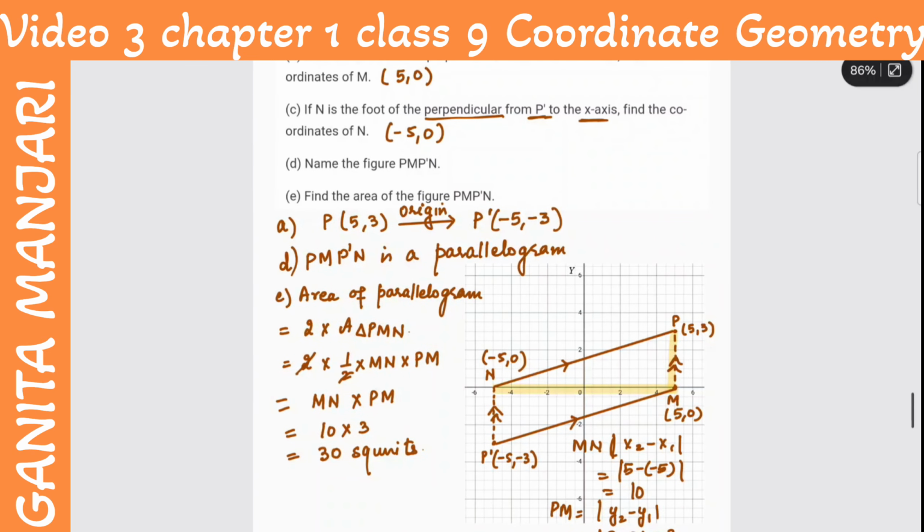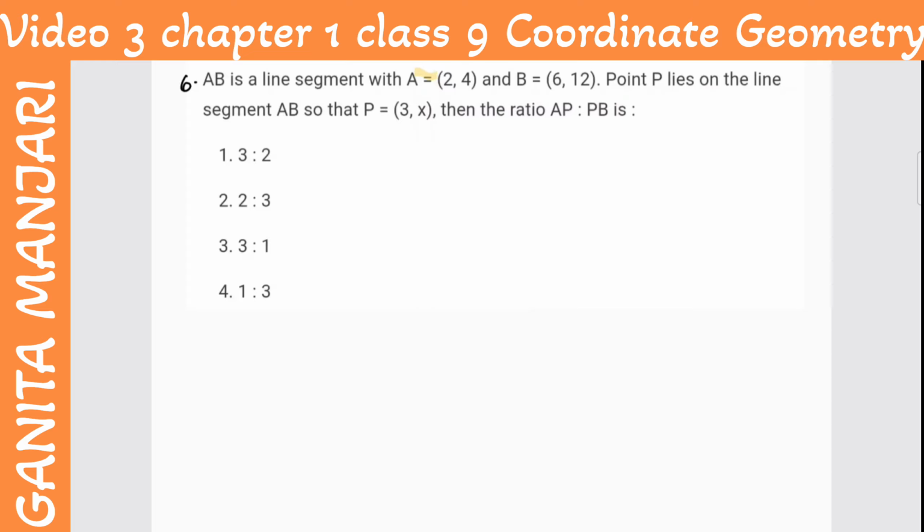The sixth question is, AB is a line segment with A(2, 4), B(6, 12), and P lies on the line segment AB such that P is (3, x). Then the ratio AP is to PB is 3:2, or 2:3, or 3:1, or 1:3. So let us draw. This is the line, A(2, 4), B is (6, 12). There is a point P(3, x).